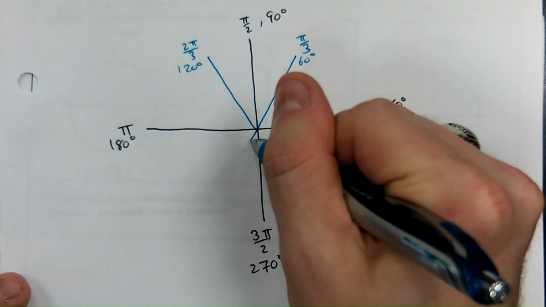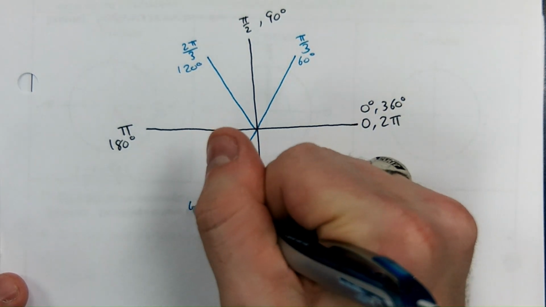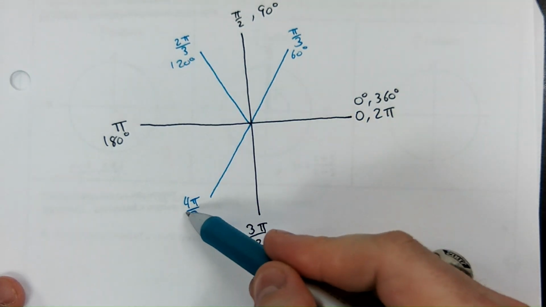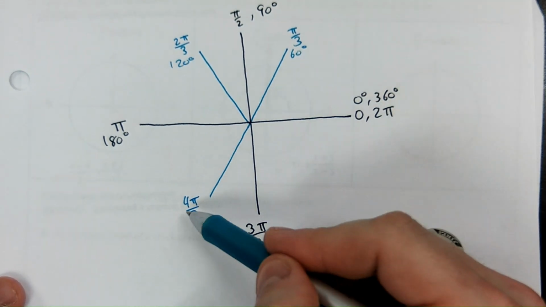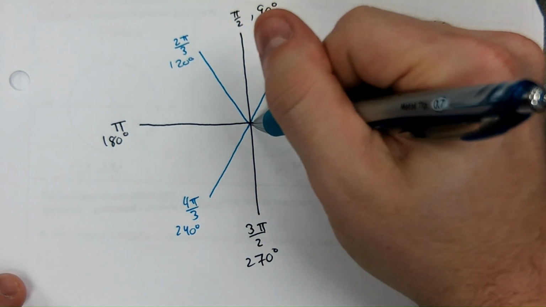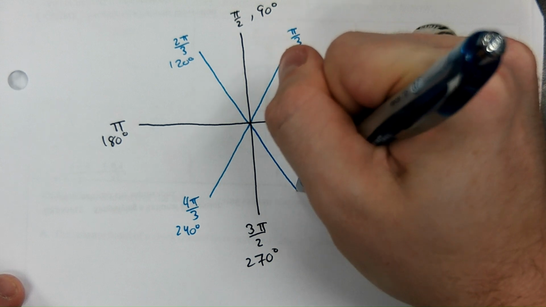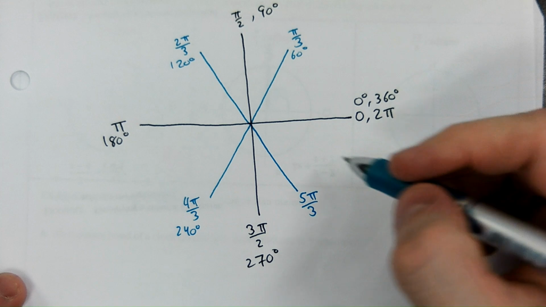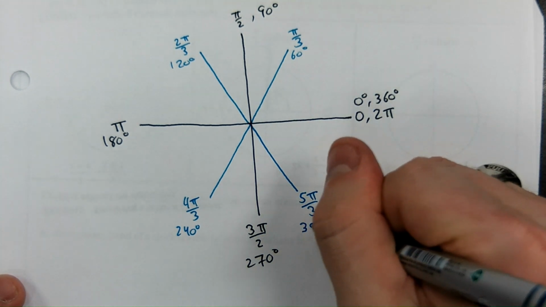Here's 4 thirds. So it's 60 times 4, because that's a 60, and this is times 4, so that's 240 degrees. Here's 5 thirds. That's 60 times 5, or 300 degrees.